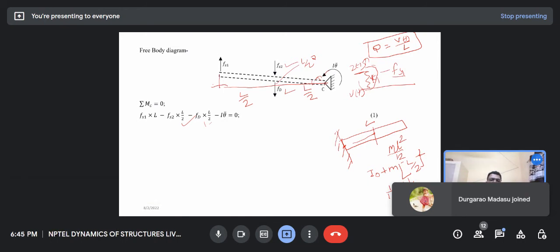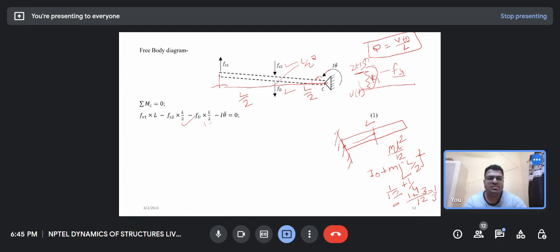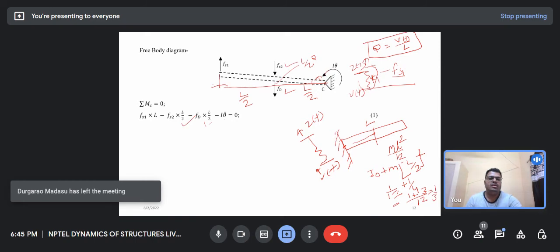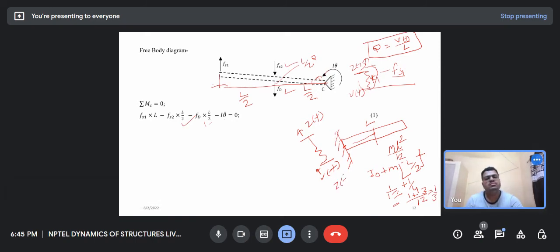So Fs1, if I have a spring here, zt is there, here vt is there. When force is developed in the spring, if my zt is greater than vt, then the force will be developed in this spring.